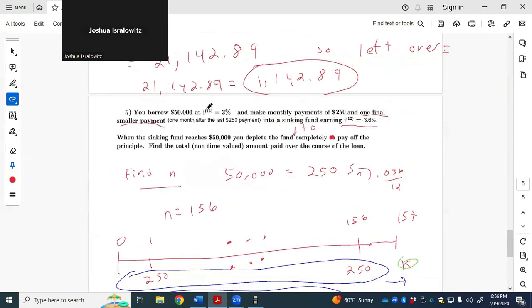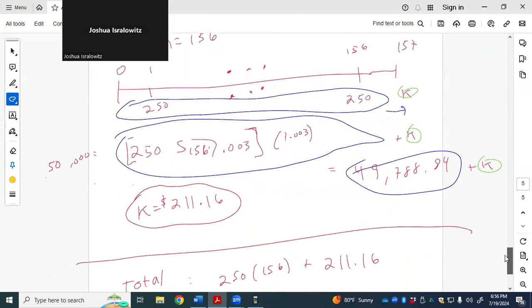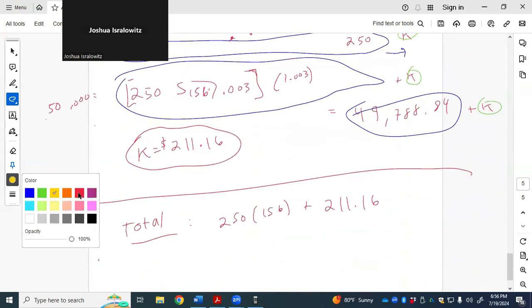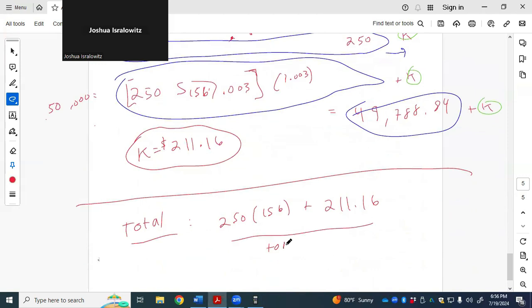You notice we've never even used this yet, but now we're going to do it. So this is my total sinking fund.